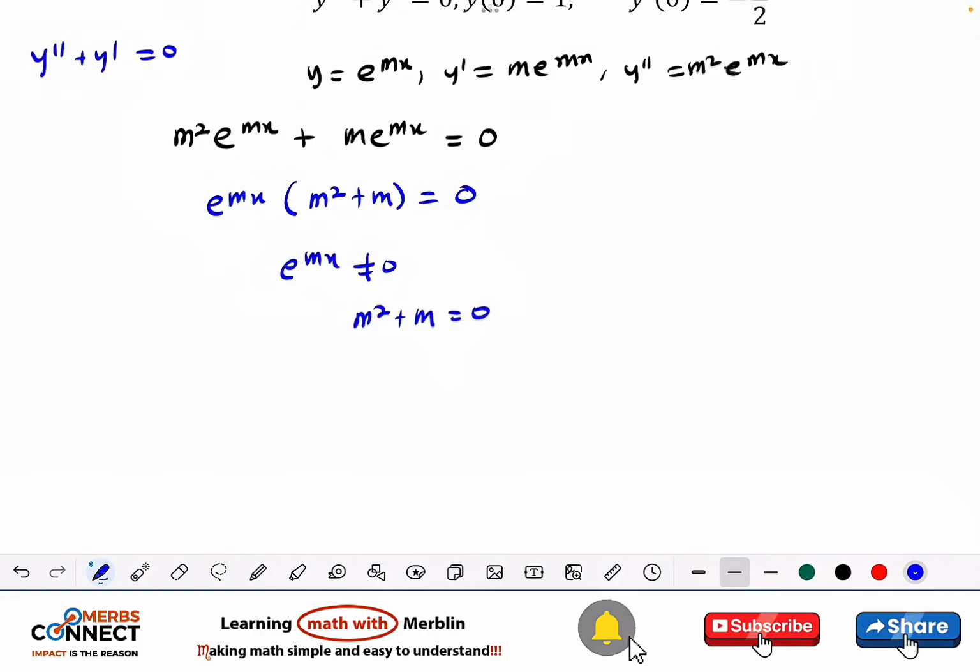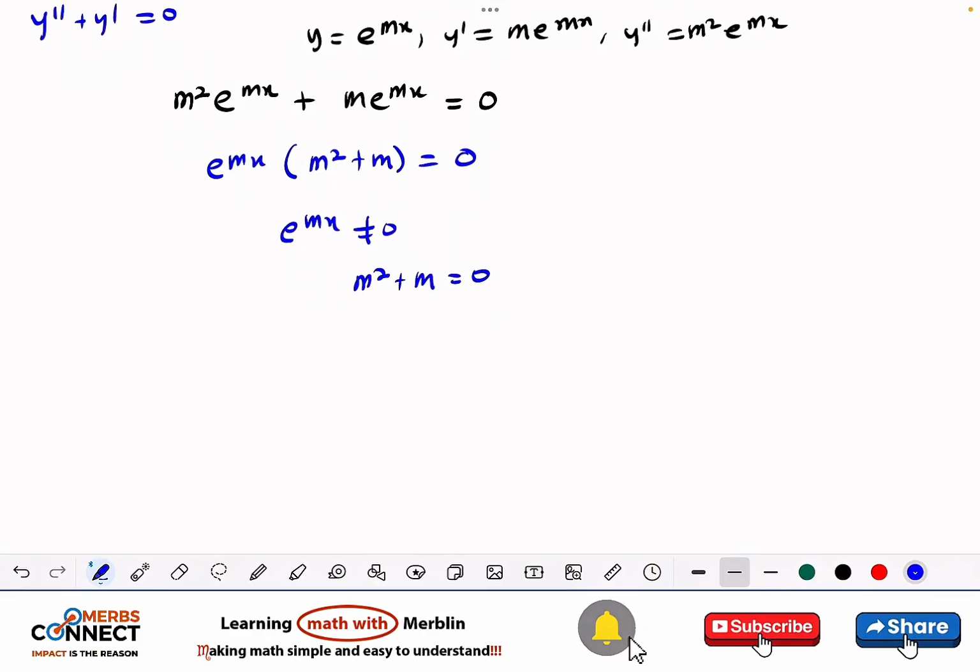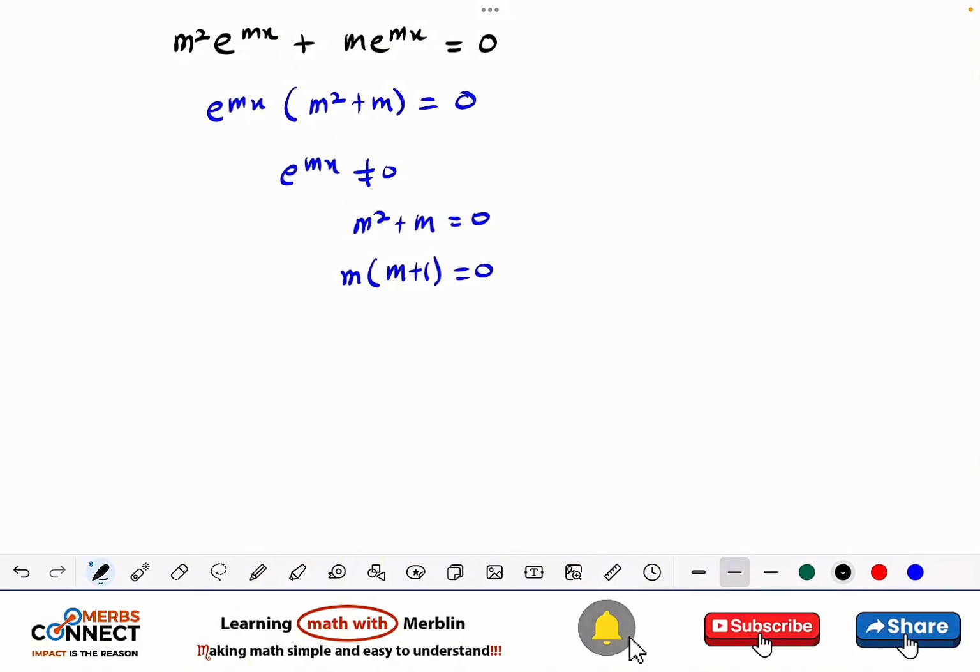If m squared plus m is equal to 0, then I can factor m out and have m times m plus 1 equal to 0. Then m is equal to 0, and m plus 1 is equal to 0, so m is equal to minus 1, right? So I can say that my m1 is 0 and my m2 is equal to minus 1. You can choose m1 to be minus 1 and m2 to be 0. It's the same thing, right?